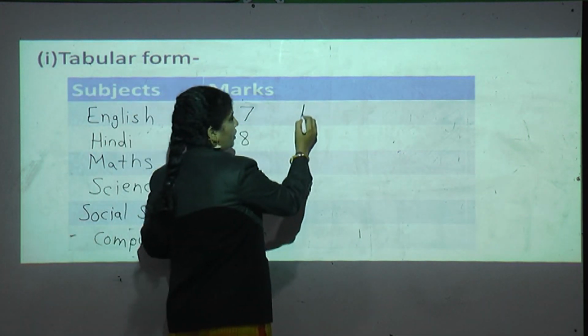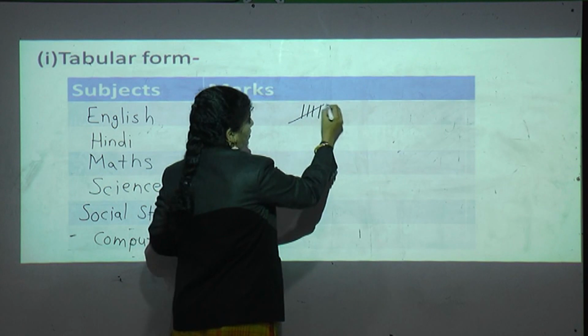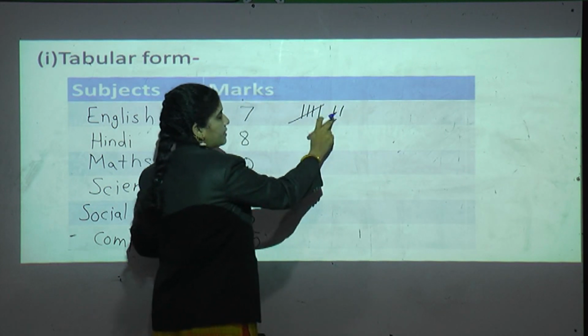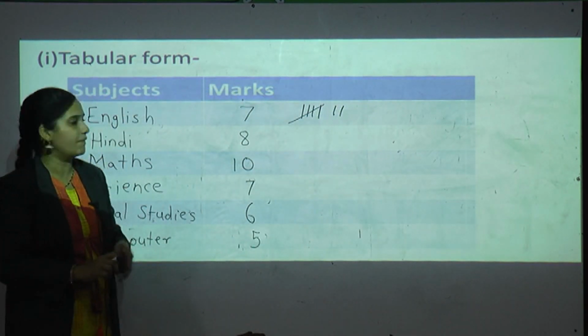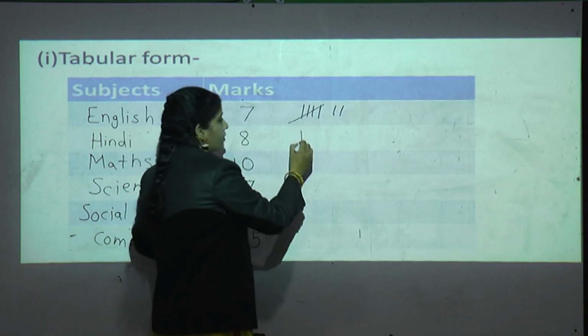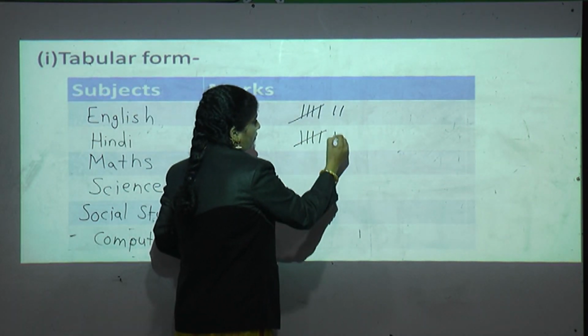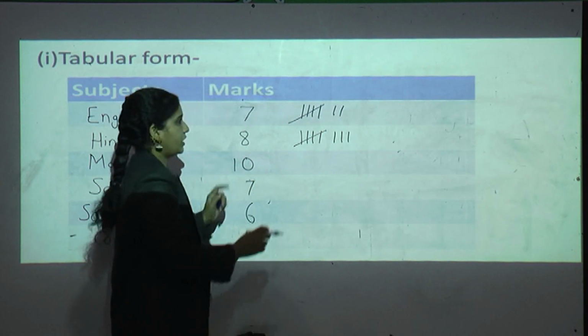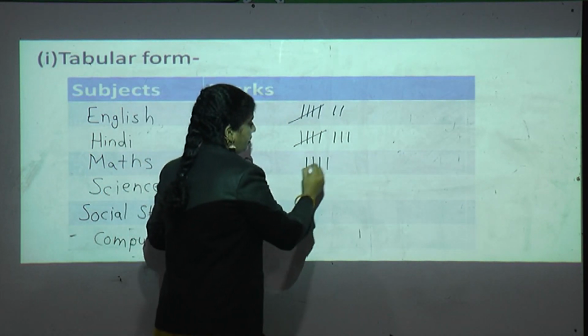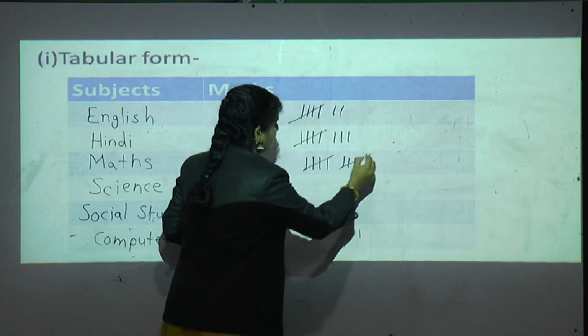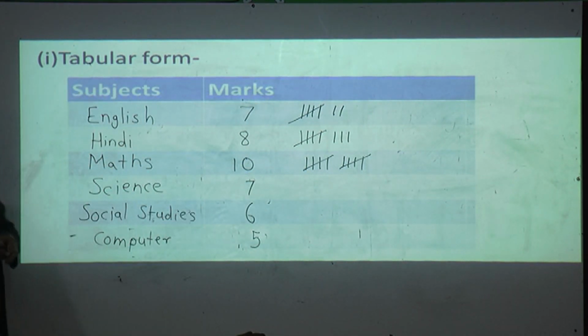See, for 7 you can draw like this 5 and this 2, that means 7. For 8 you can show 1, 2, 3. For 10, yeah, very good. So in this way you can show the tally marks also.